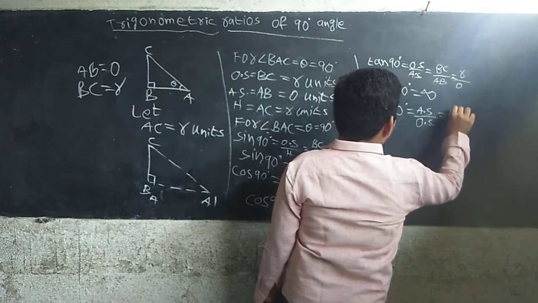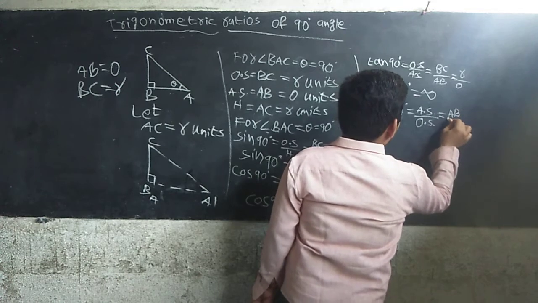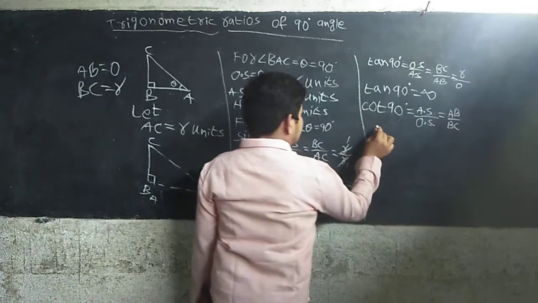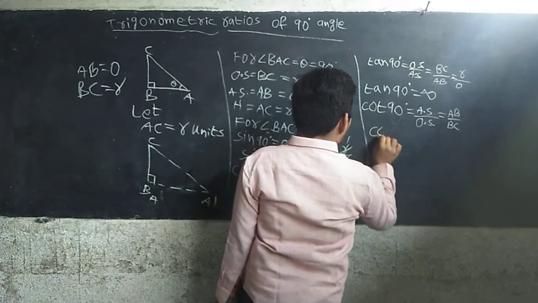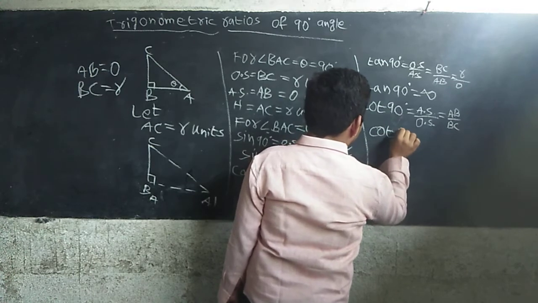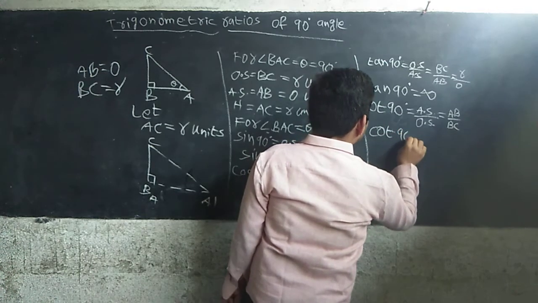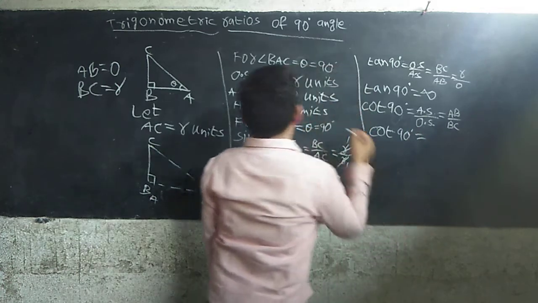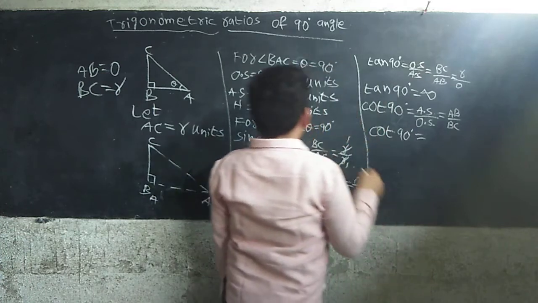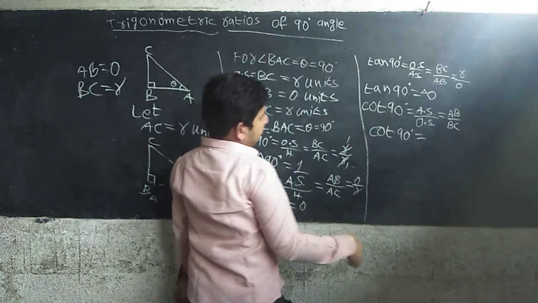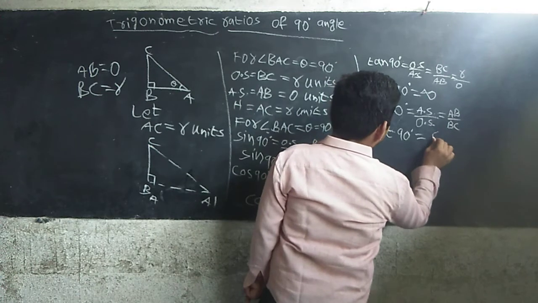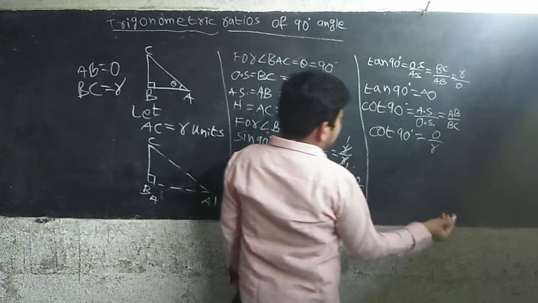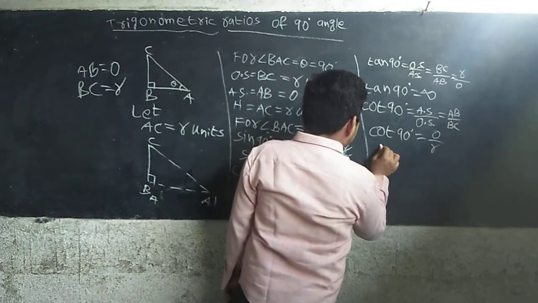AB equal to 0, so 0 by R. 0 by R equal to 0. So cot 90 degrees equal to 0.